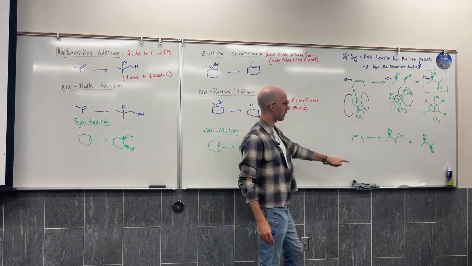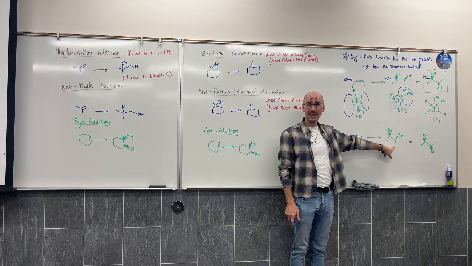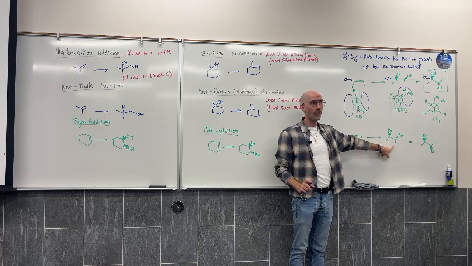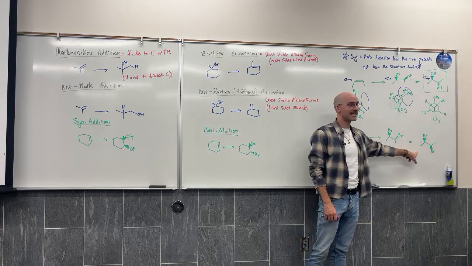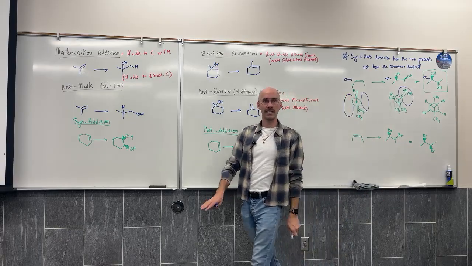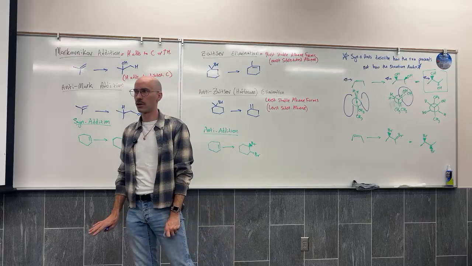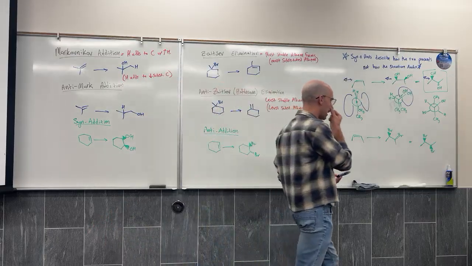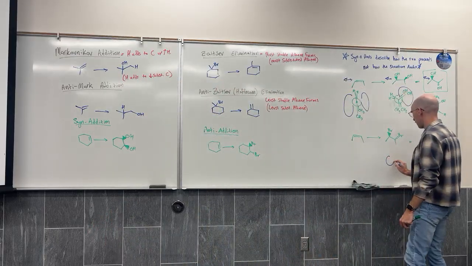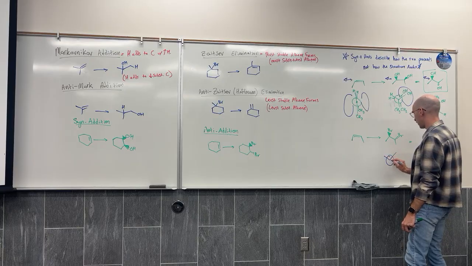To get rid of strain, because in this zigzag conformation, it's always eclipsed. And when it's rotated, it's always staggered, and staggered is always lower in energy, despite the fact that it might make it look like they're cis to each other.